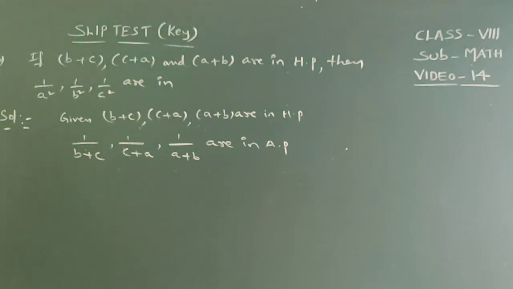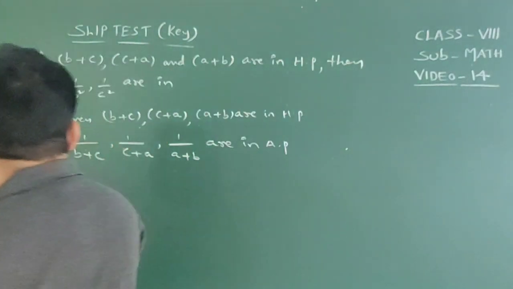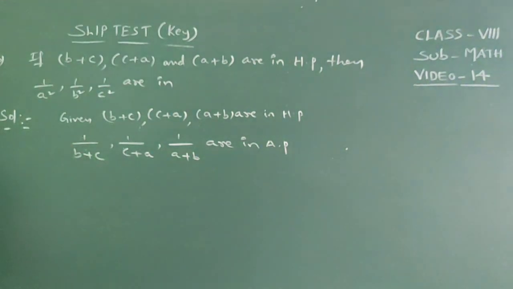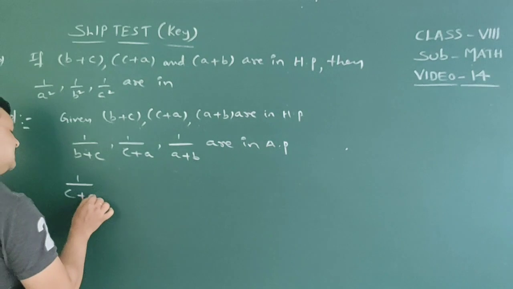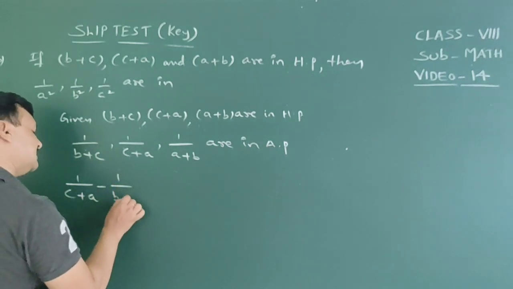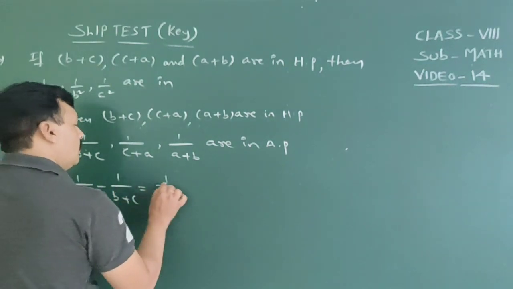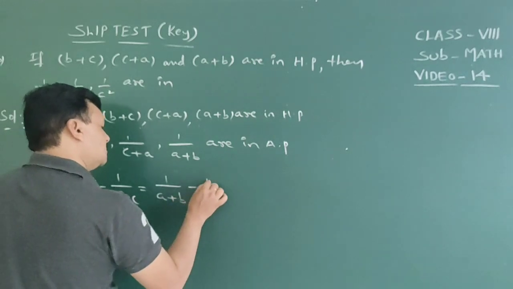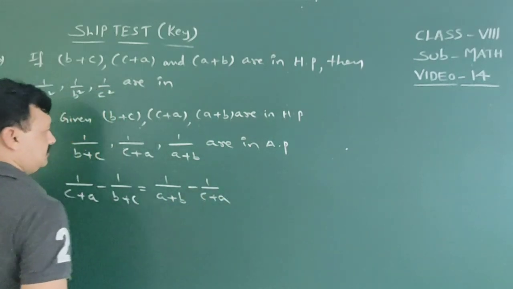are in AP. The three numbers are in AP, then 1 by c plus a minus 1 by b plus c equals 1 by a plus b minus 1 by c plus a.